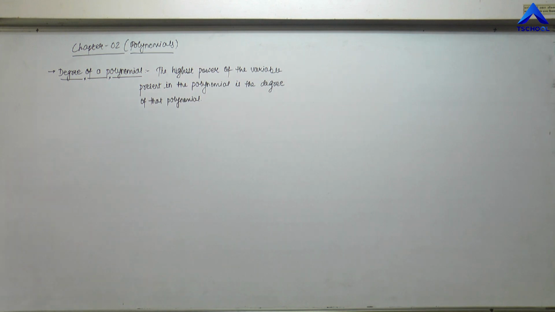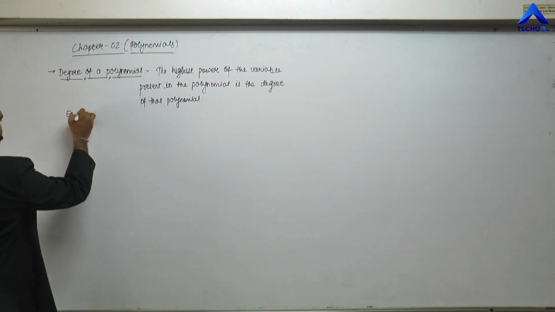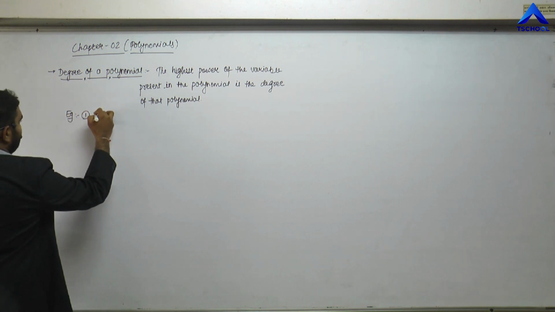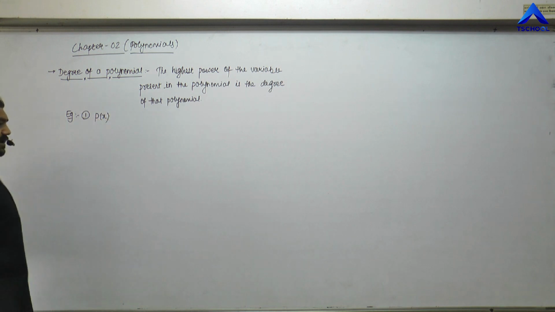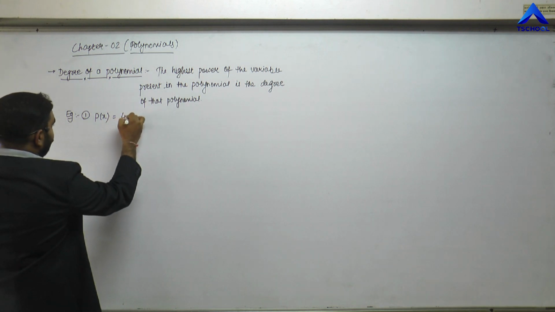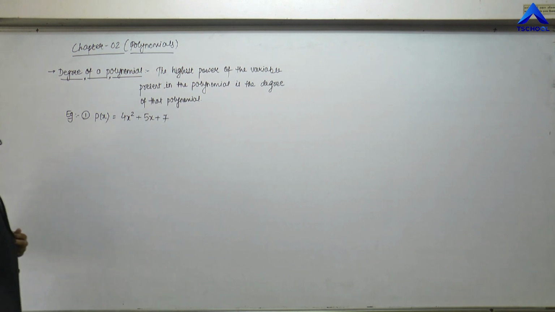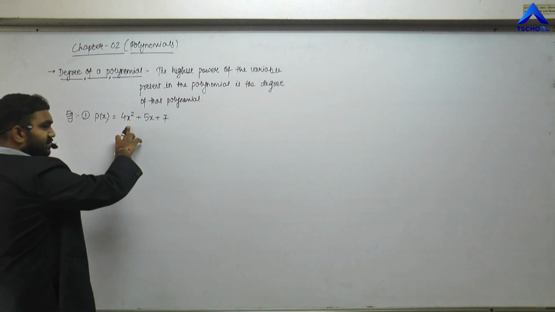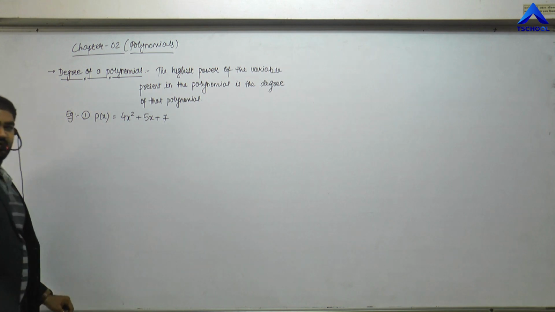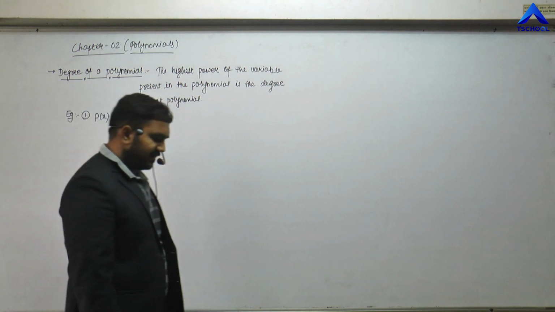The highest power of the variable. Let me take for example p of x. Note that friends, now I am writing it perfectly. P of x, this is the name of the polynomial. P of x is equal to 4x square plus 5x plus 7. So how many terms are there in this polynomial? 3 terms. The first is 4x square, the second is 5x, and the third is 7. Now look for the highest power of the variable present here.